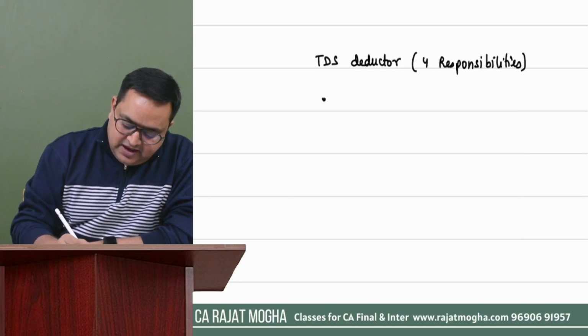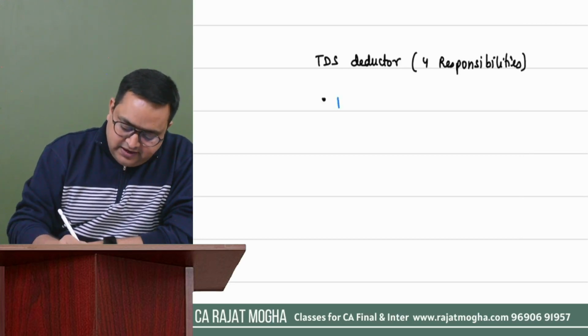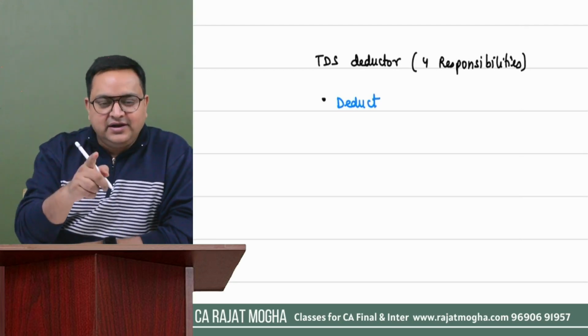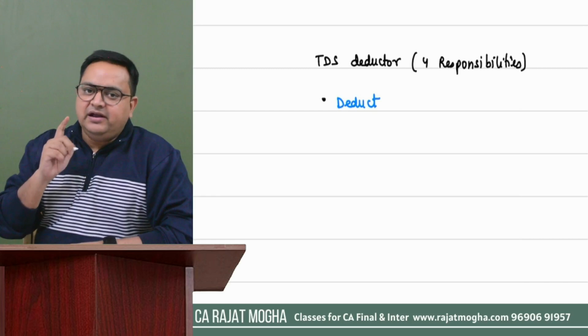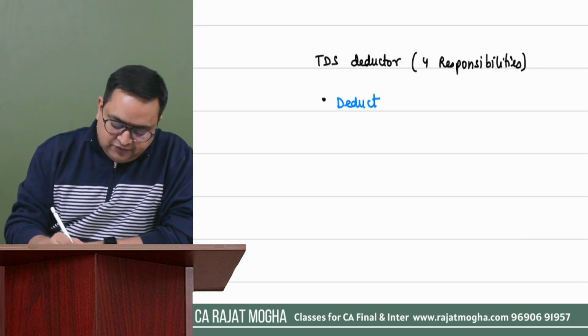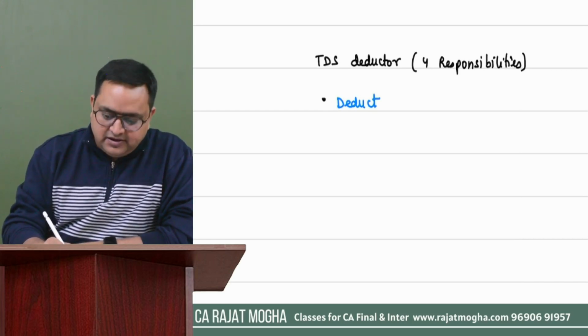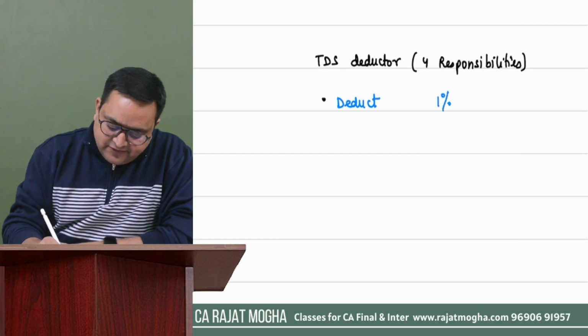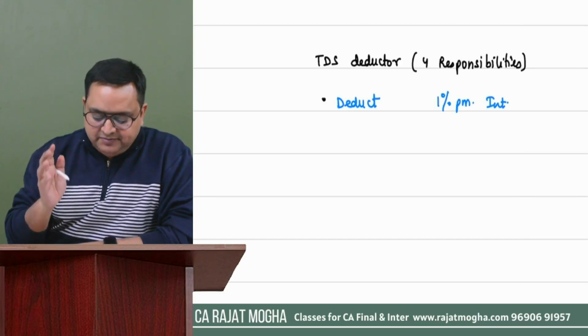One is they have to deduct the TDS. First of all, deduct the TDS, and if you do not deduct the TDS, we are going to levy interest on that also. So if you do not deduct the TDS, there is a penalty, like we will charge 1% per month interest also.